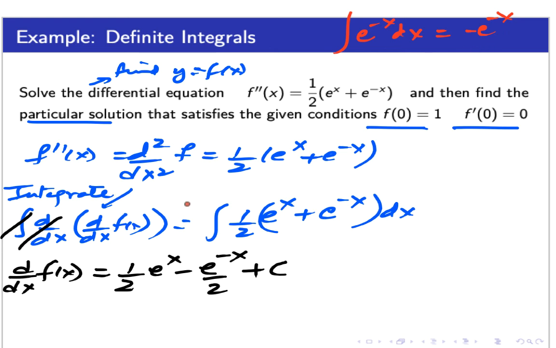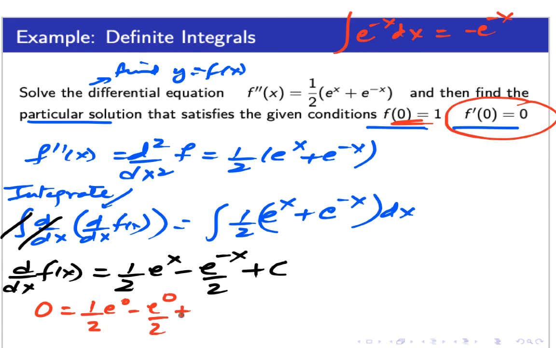Now remember, this is the general solution, it's not the particular solution. You have to find c. It says f prime of 0 is 0. So 0 equals half e to the power 0 minus e to the power 0, over 2, plus c.